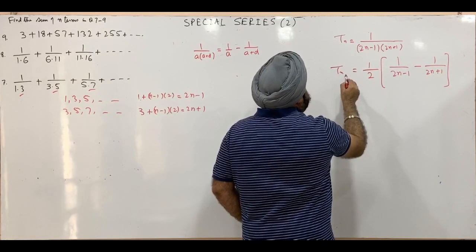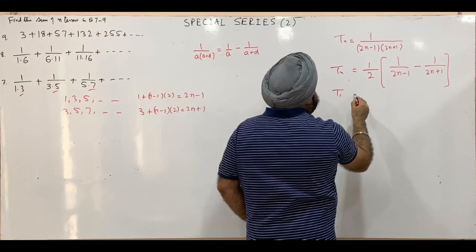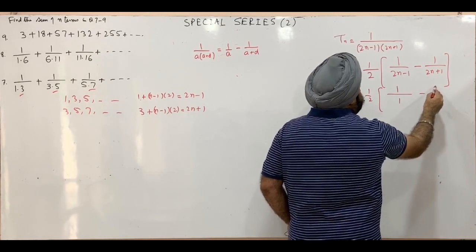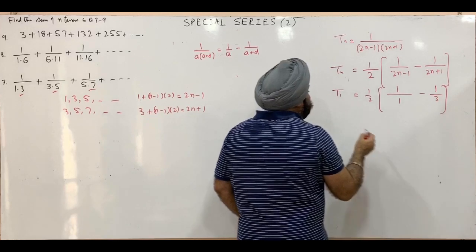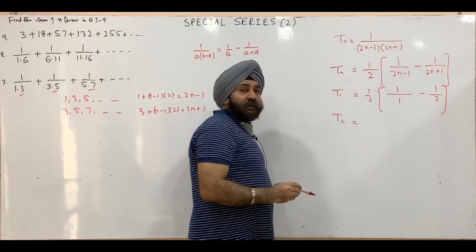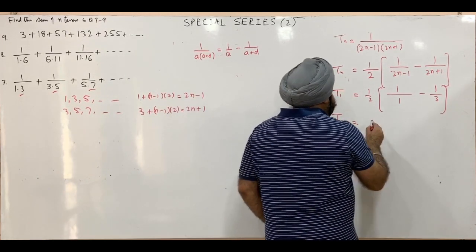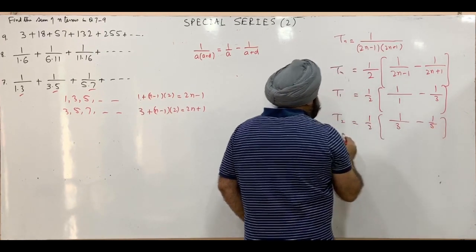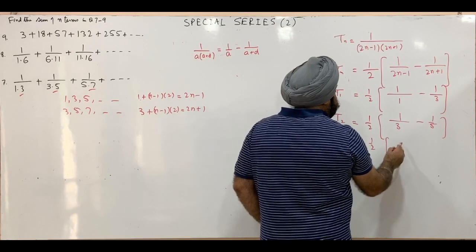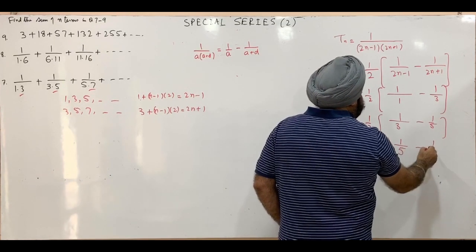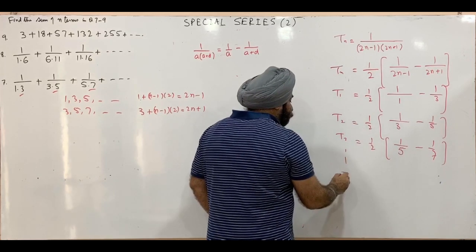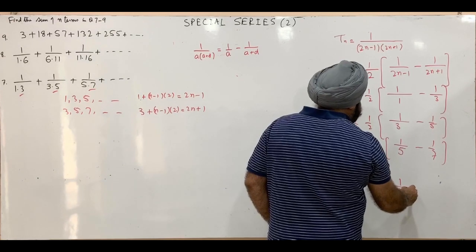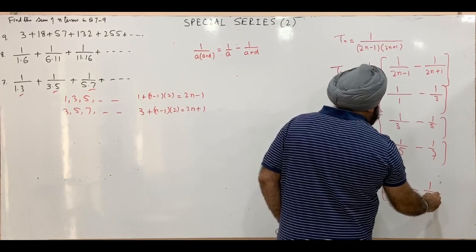So this is the nth term, and we write the first term: 1 by 2, this will be 1 minus 1 by 3. Similarly, put n equal to 2 to get the second term, that's 1 by 2, this is 1 by 3 minus 1 by 5. Third term 1 by 2, this will be 1 by 5 minus 1 by 7, and so on. Nth term 1 by 2, this is 1 by (2n minus 1) minus 1 by (2n plus 1).